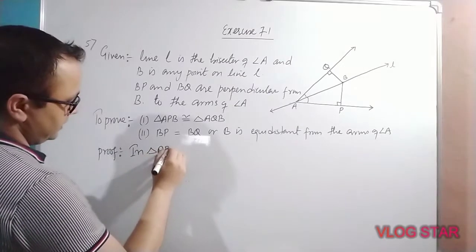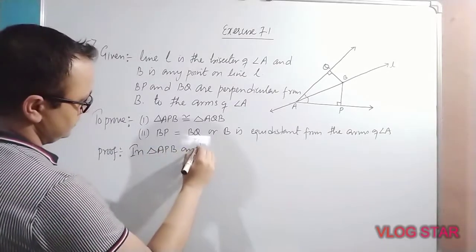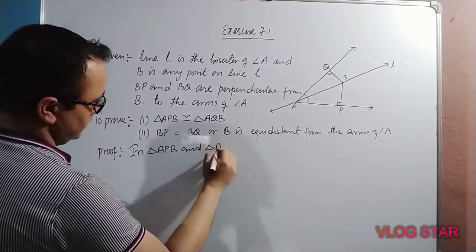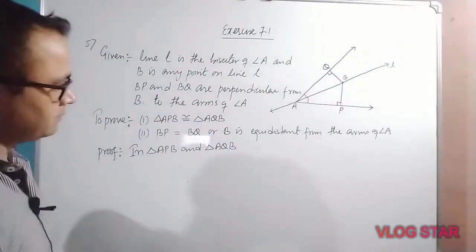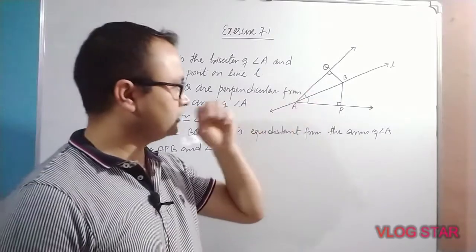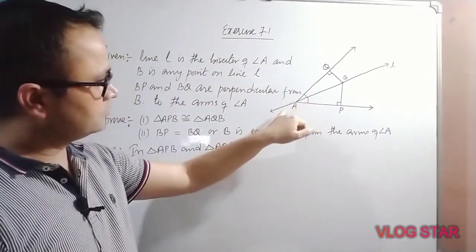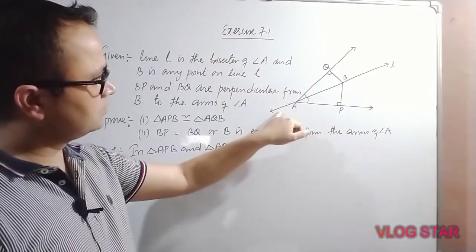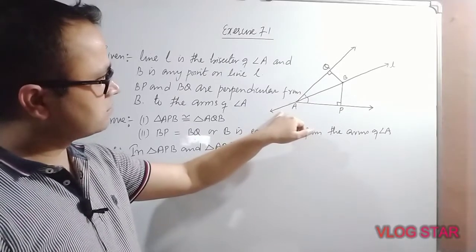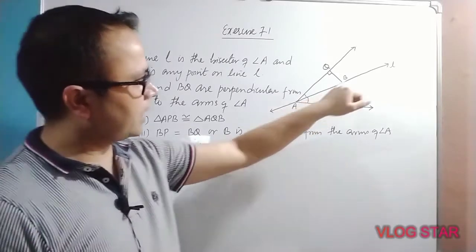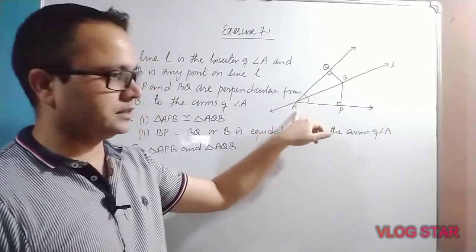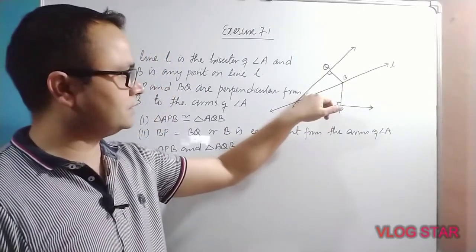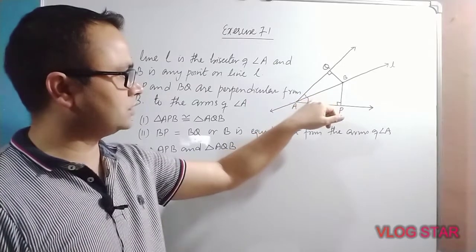In triangle APB and triangle AQB, L is the bisector of angle A, so we can write this angle equals this angle.